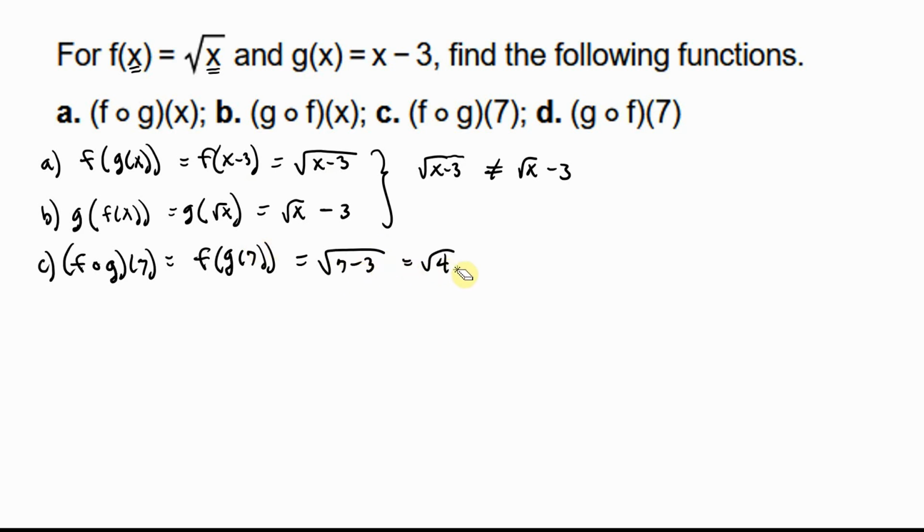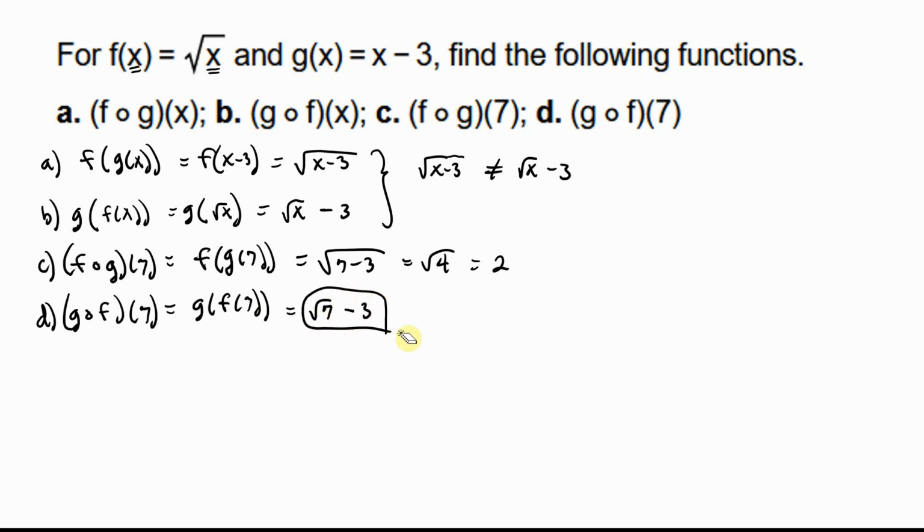We get the square root of 4, that's just 2. Part D, g composed with f, evaluated at 7. This is g of f of 7. I go to part B. So this is the square root of 7 minus 3. That's the answer. Leave it just like that.